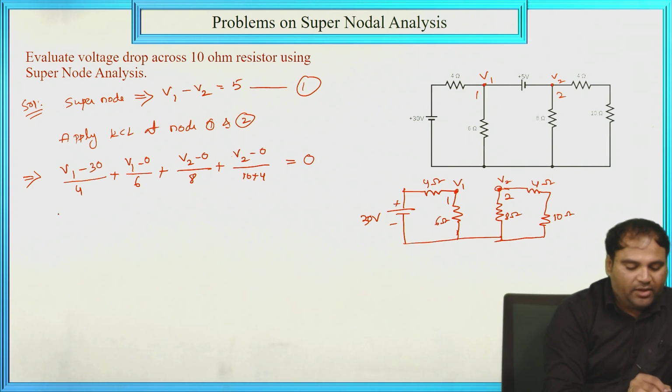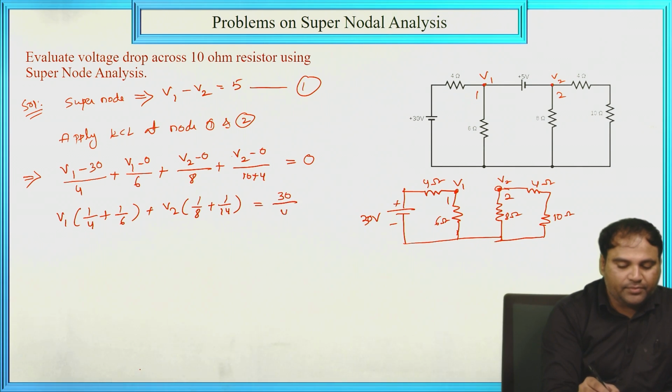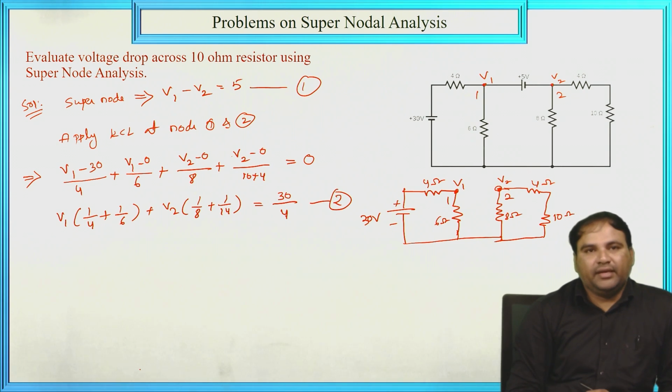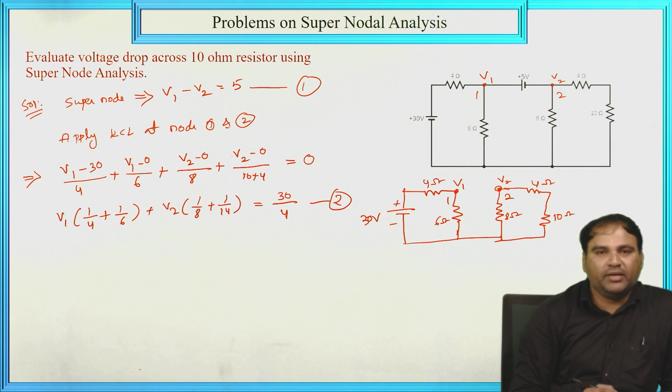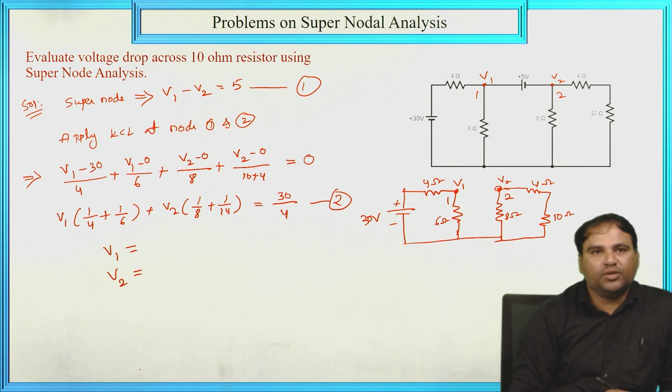Now take V1 common: V1 into 1 by 4 plus 1 by 6, plus take V2 common: 1 by 8 plus 1 by 14, that is equal to 30 divided by 4. Let us take this as equation number 2. So these are the equations of supernode analysis. Now by solving equations 1 and 2, we will get the node voltages V1 and V2.